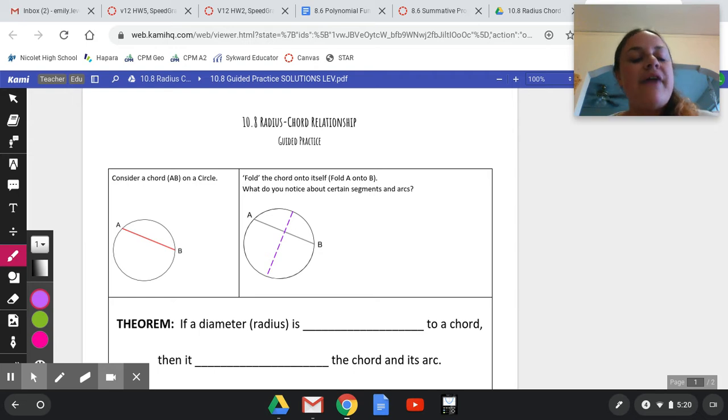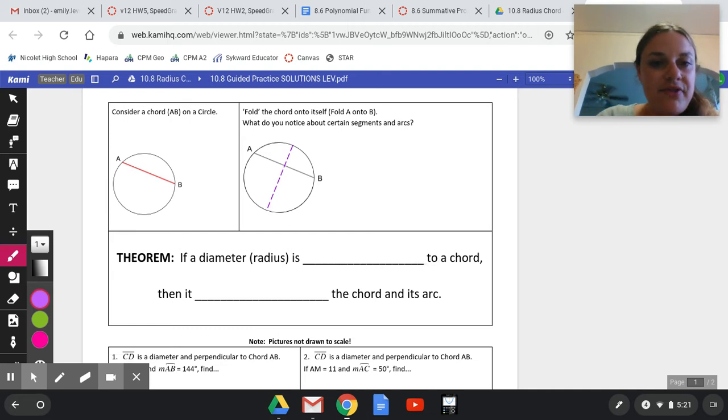So on the left here, you see we've got chord AB. Again, a chord is a line segment with endpoints on the circle. If you visualize folding that chord onto itself, what do you notice about certain segments and certain arcs? Well, a couple of things are going to happen here. First of all, if you folded AB right on top of itself, it's going to cut minor arc AB in half.